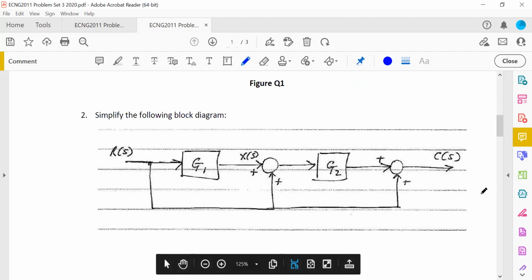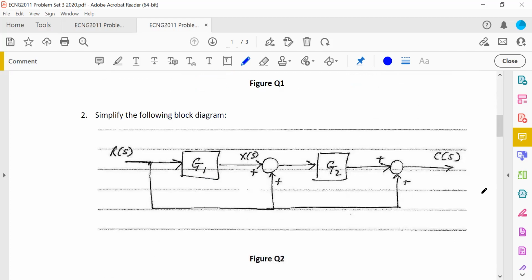Question 2 doesn't have any feedback at all. This was another situation that you tend to meet occasionally when you're simplifying the blocks. You're simplifying this block diagram, but it has no feedback in it. This is all feed forward and summing. So for instance, if you look at X here, X is really R times G1.